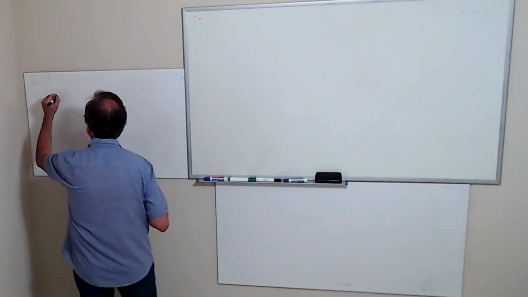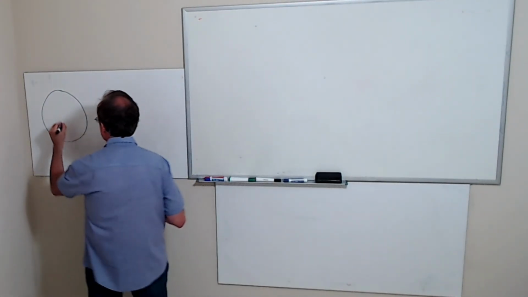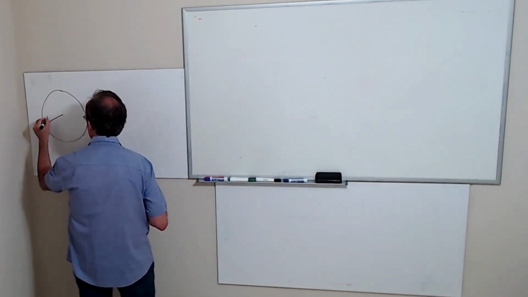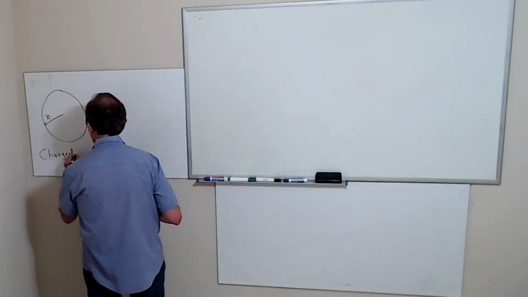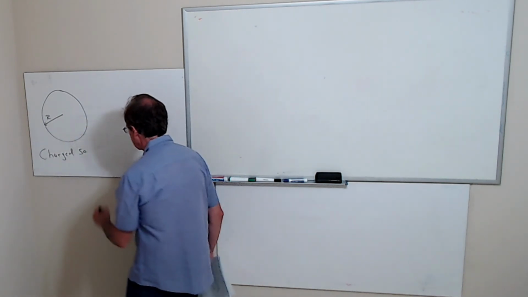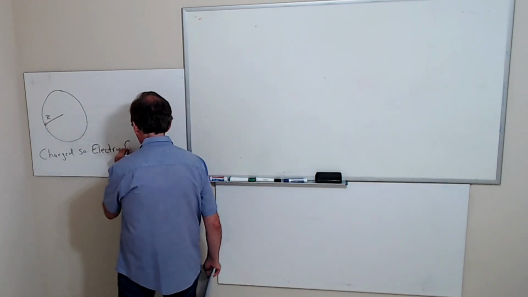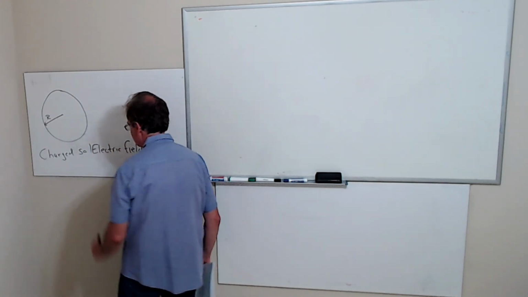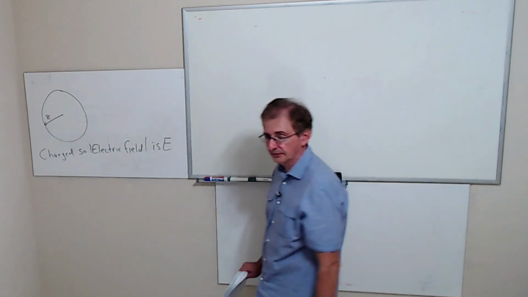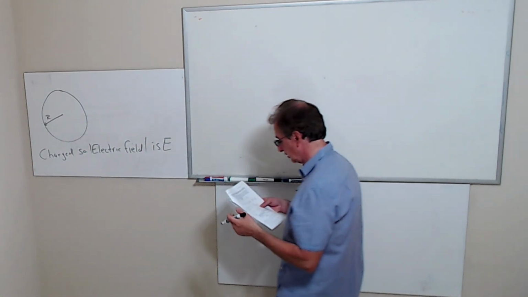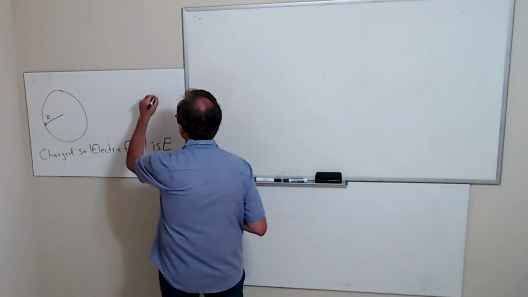a sphere, and we'll say it's of radius r. You charge it so that the electric field, and I should say the magnitude of the electric field, is E. Then you take a wire and connect it to a second sphere a great distance away, and it's initially uncharged.